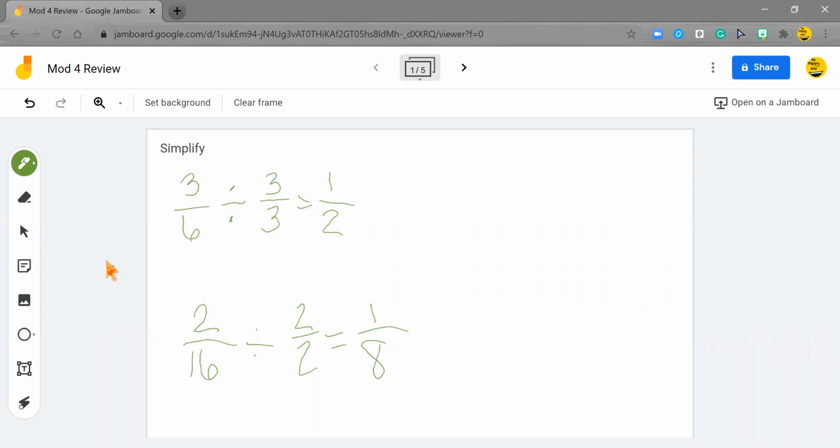So sometimes, say you have a number like this, 10 over 30. Okay, so the first thing I'm going to do is I look at this and I see that 10 can go into 30 also. That's not a good example, you guys.